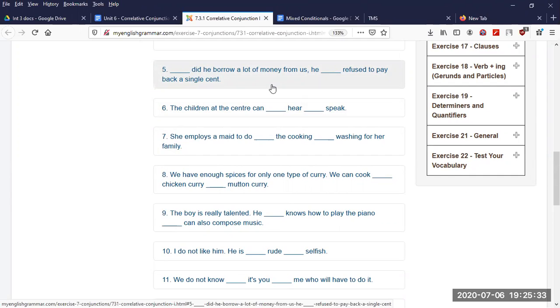Okay, something did he borrow a lot of money from us? He something refused to pay back a single cent.